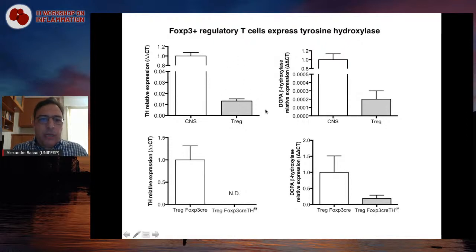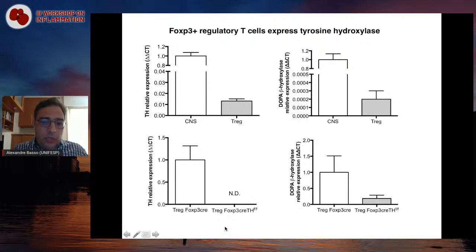Those are sorted regulatory FOXP3 expressing T cells. Of course, as compared to the central nervous system, they produce lower amounts of tyrosine hydroxylase, but it is still there. And also dopamine beta hydroxylase, which is the enzyme doing the last step, converting dopamine into noradrenaline.